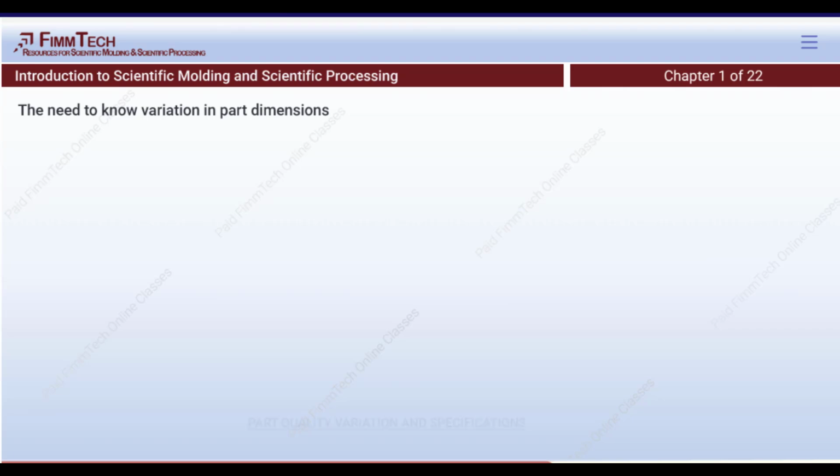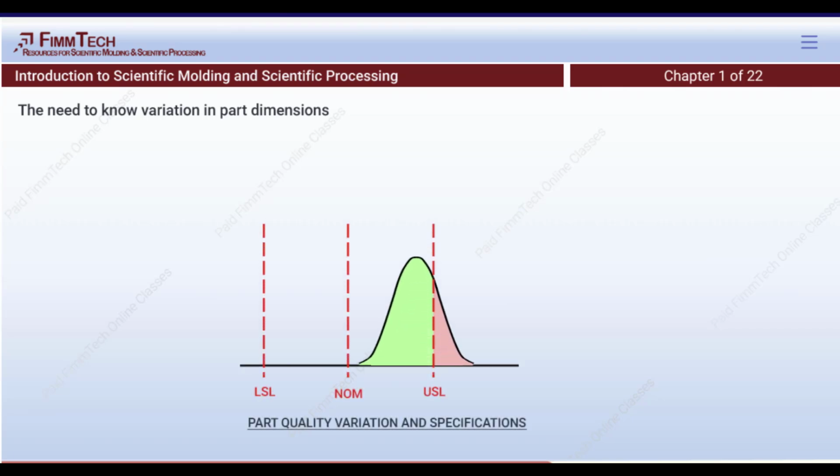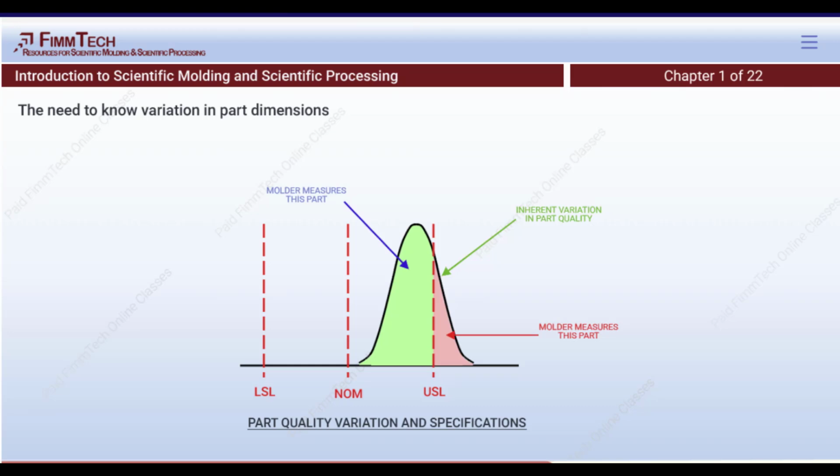Why do we need to understand that variation? Here's another reason. Let's say that this is the nominal dimension you're trying to achieve. This is the lower spec limit and this is the upper spec limit. And this is the variation in the part quality that you have, but you have not measured it. But now, from this lot of molded products, if you measure this part and conclude that all the parts are good and you ship it to the customer, it's very likely that the customer is going to measure this part here and he's going to say the parts are bad and he's probably going to want to send the parts back.